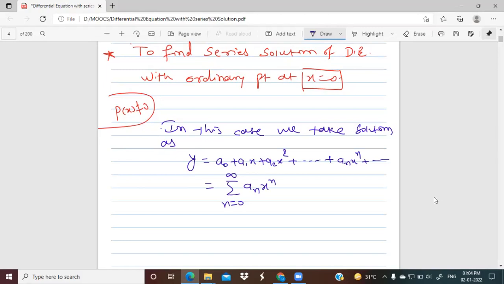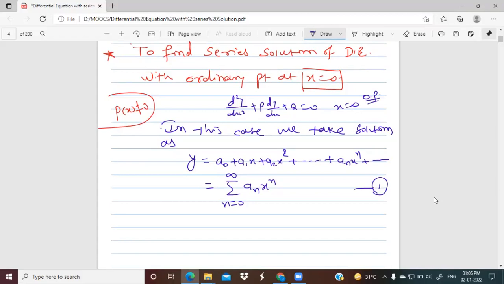This is my solution. Suppose we have this equation d2y by dx2 plus p into dy by dx plus q y equal to 0. This is my differential equation, and for it x equal to 0 is ordinary.